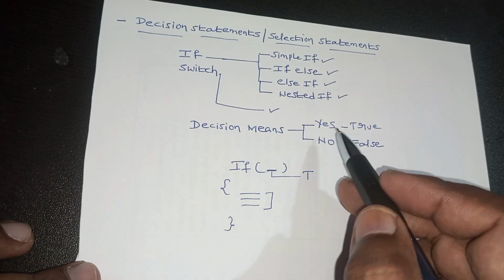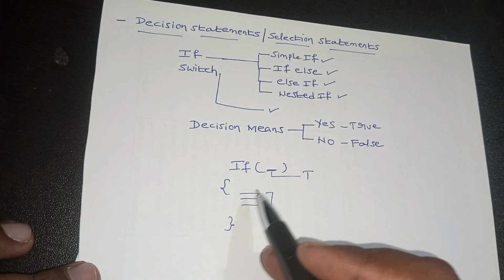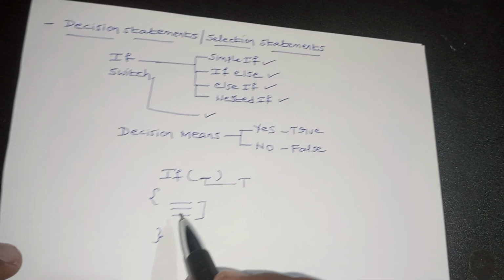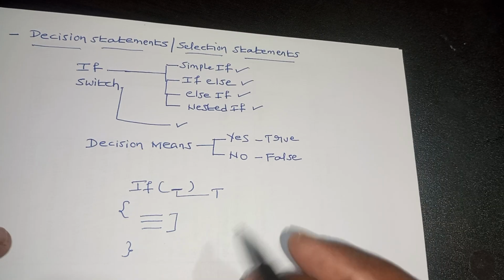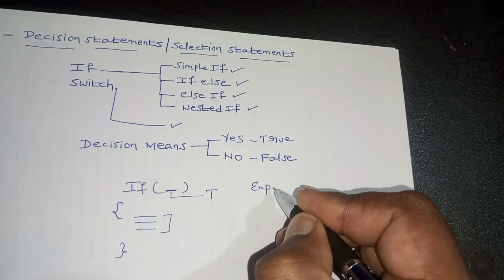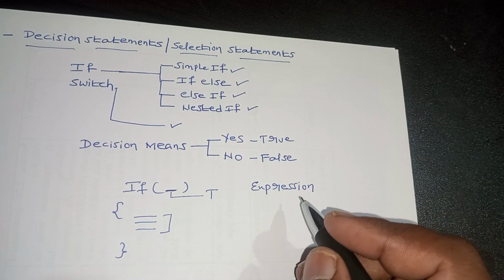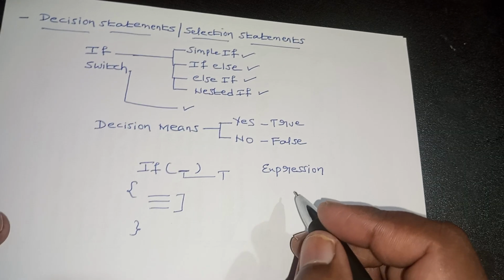Now, what is the decision? We have to say yes or no. Yes means true, no means false. First of all, we have to know what an expression is.